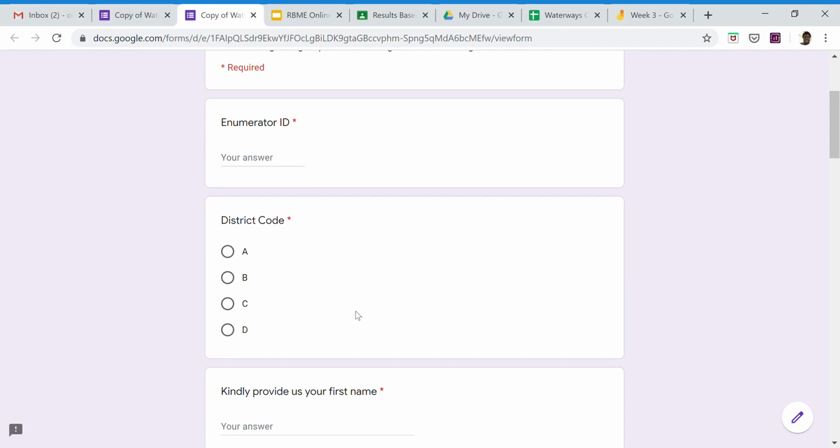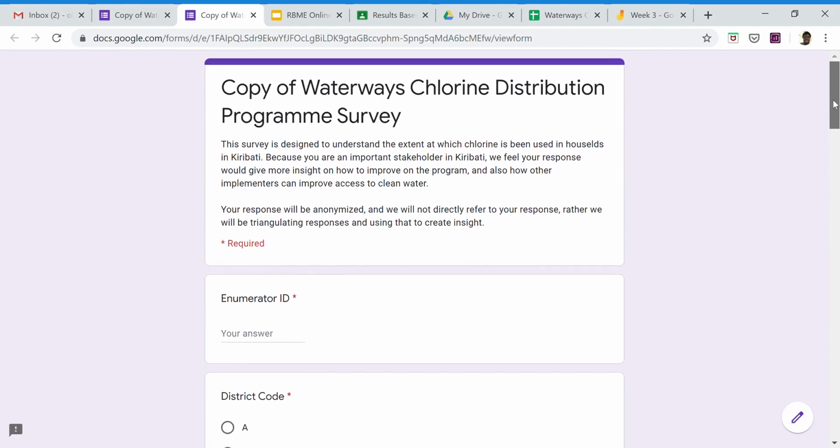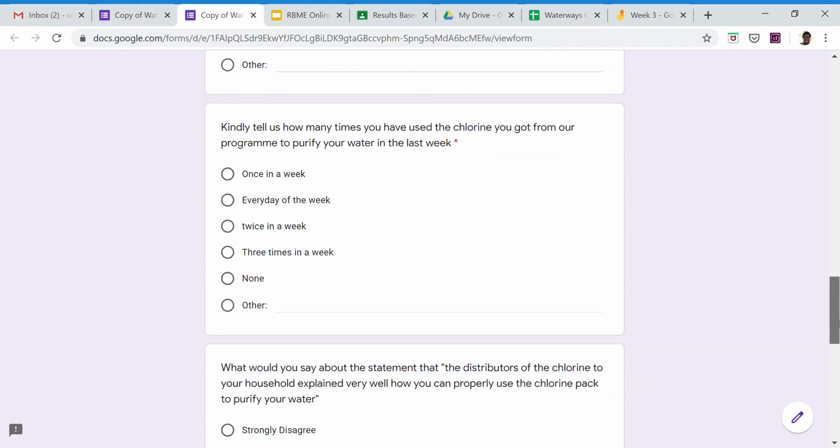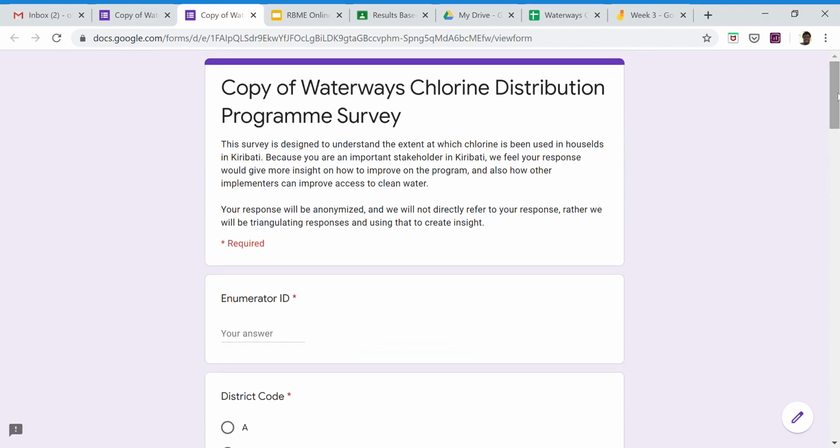So they enter the responses gotten from the field, and what happens is that we are able to see the responses directly in an analysis tool, which is this Google form. Actually, we use it for analysis as well.